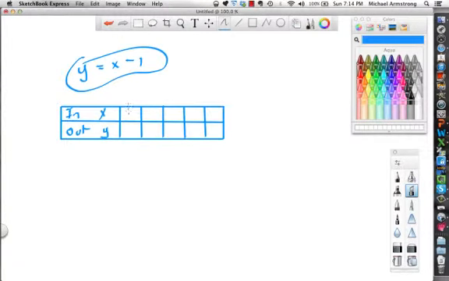So for the input, this time they give you the inputs 2, 3, 4, and 5. And you have to come up with the outputs. If you put in 2 here, 2 minus 1 is 1, so the output is 1. 3 minus 1 is 2, 4 minus 1 is 3, 5 minus 1 is 4.